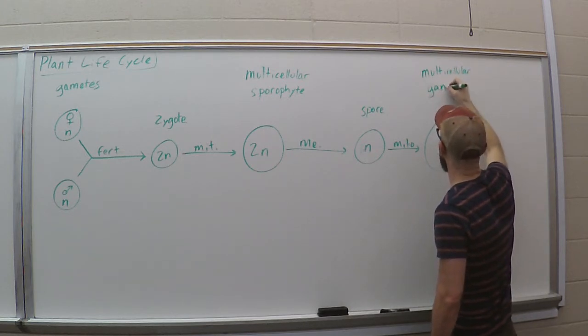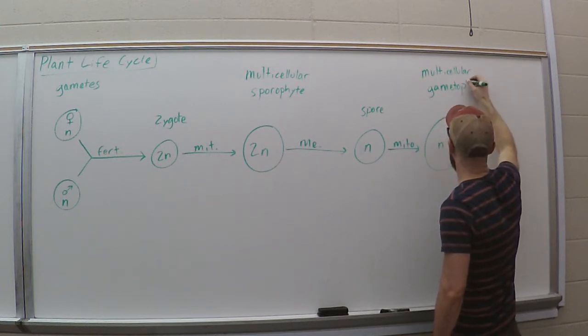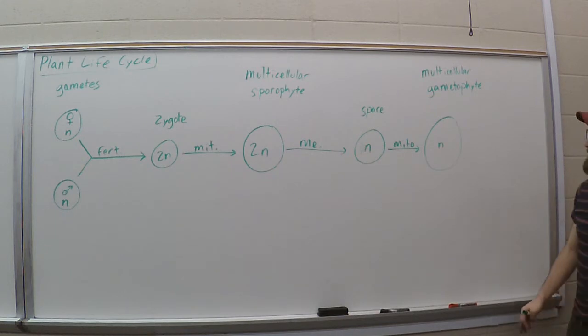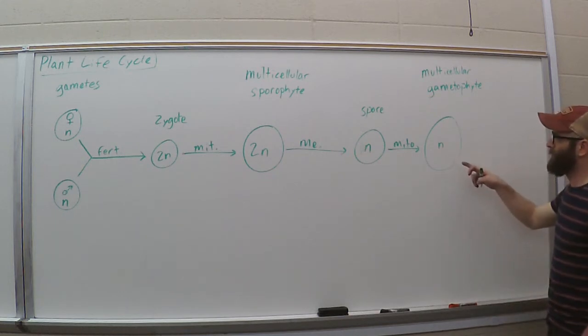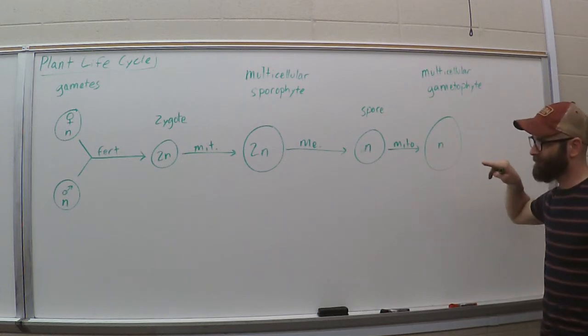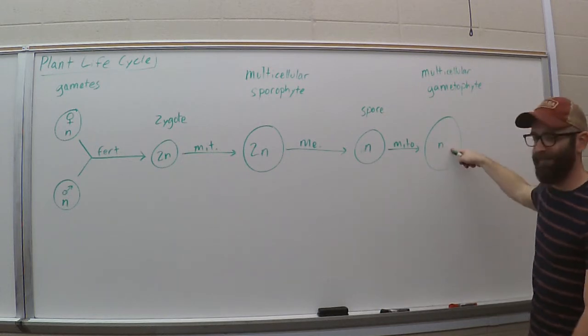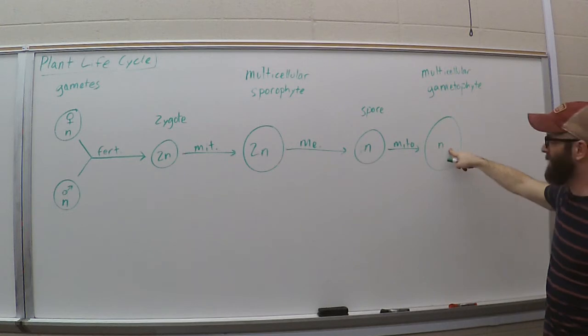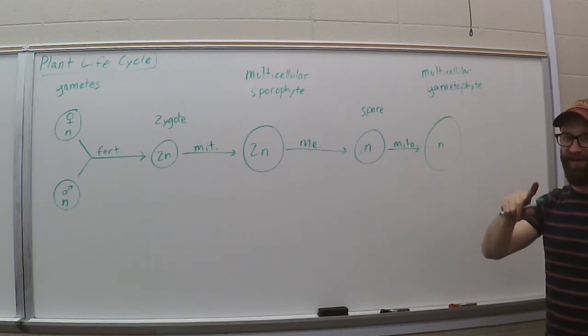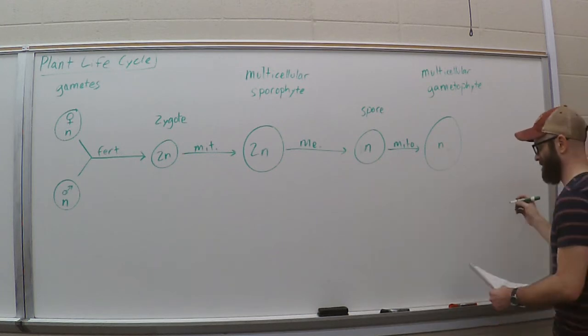This one is called a gametophyte because it will produce gametes. And so here, this haploid organism is going to produce gametes not by meiosis, but by mitosis, right?